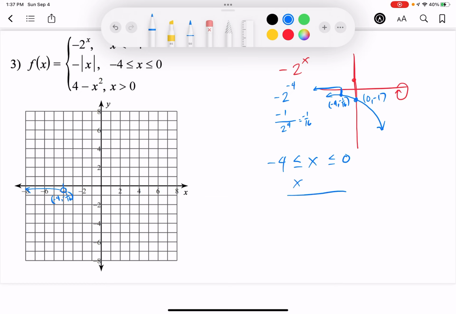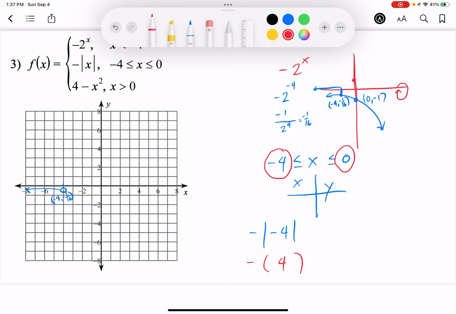Okay. x, y. Let's say we have negative of absolute value of negative 4. Again, we're going to use the boundaries itself. Okay? So, ano ba yung absolute value ng negative 4? Di ba positive 4? Okay, what is negative of 4?